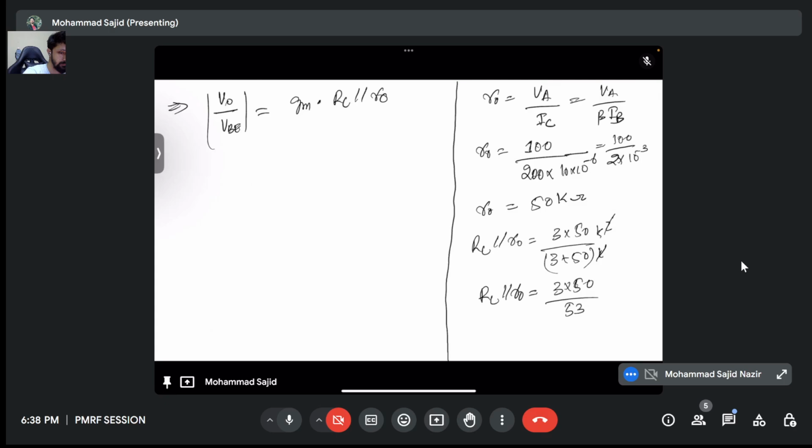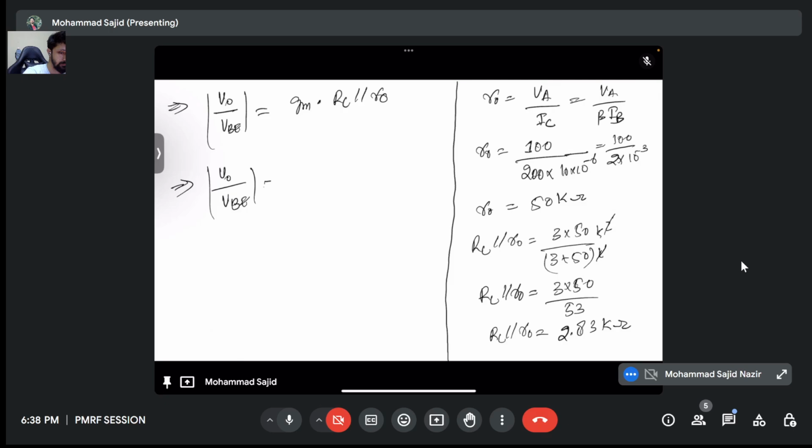You can calculate it. So RC parallel R naught is around 2.83 kilo ohm.